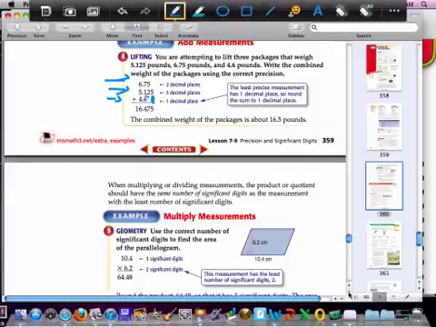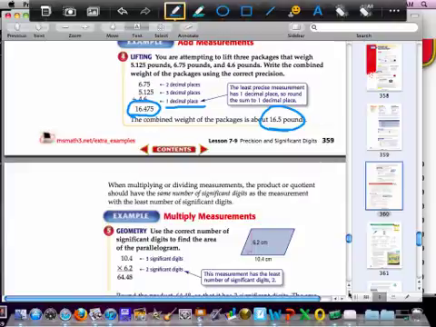So when I get an answer, I would add that together and get this on the calculator, but because I have one that only has 1 place after the decimal for my precision measurement, my answer can only go 1 place after the decimal. So I've got to round this off to the nearest tenth. And if I do that, I would get 16.5 pounds.